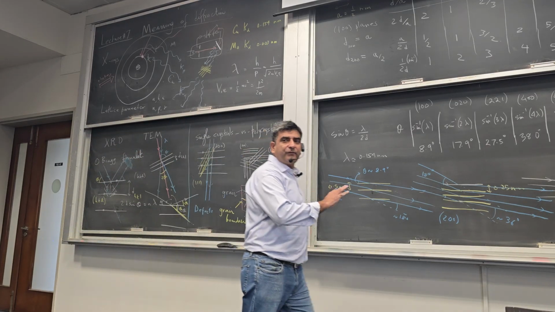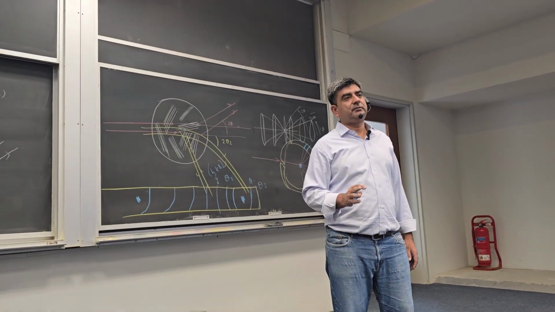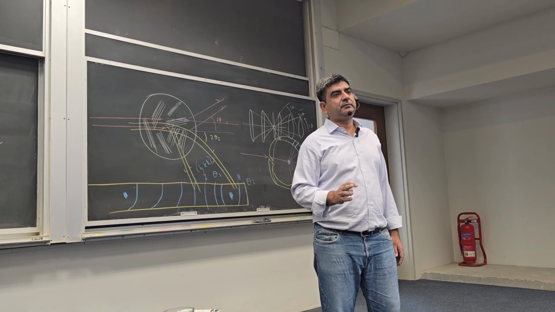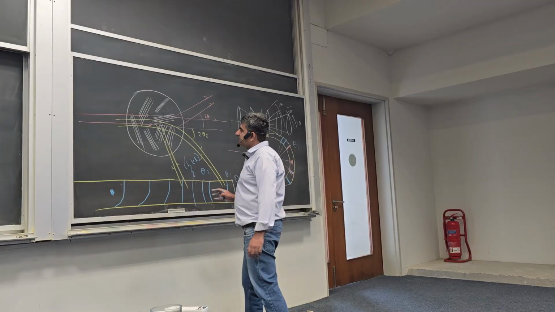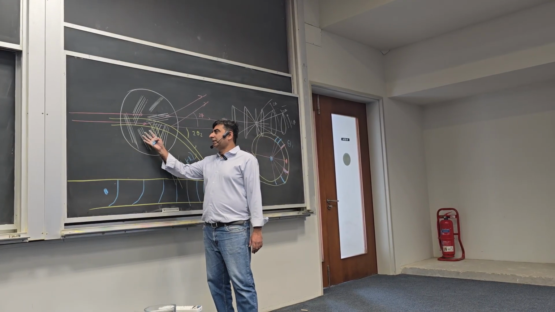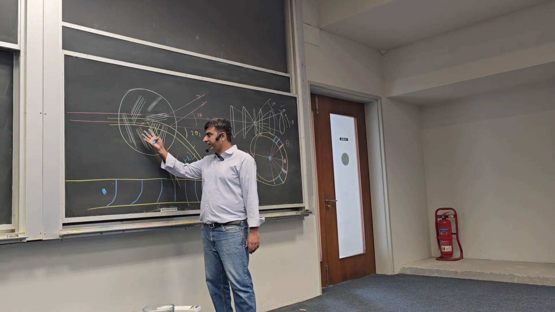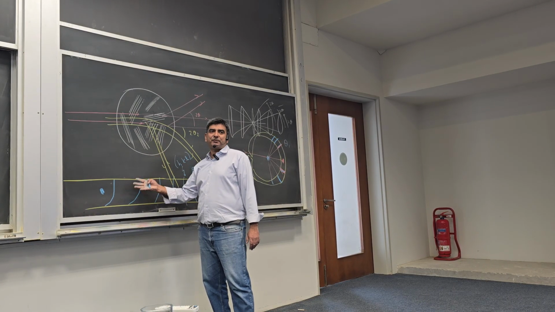So far so good for the Bragg formulation? Yes, please. To get all the planes, do we need to rotate the sample? So in a polycrystalline material, generally many grains are there, and all the planes that have atoms show some kind of reflection.